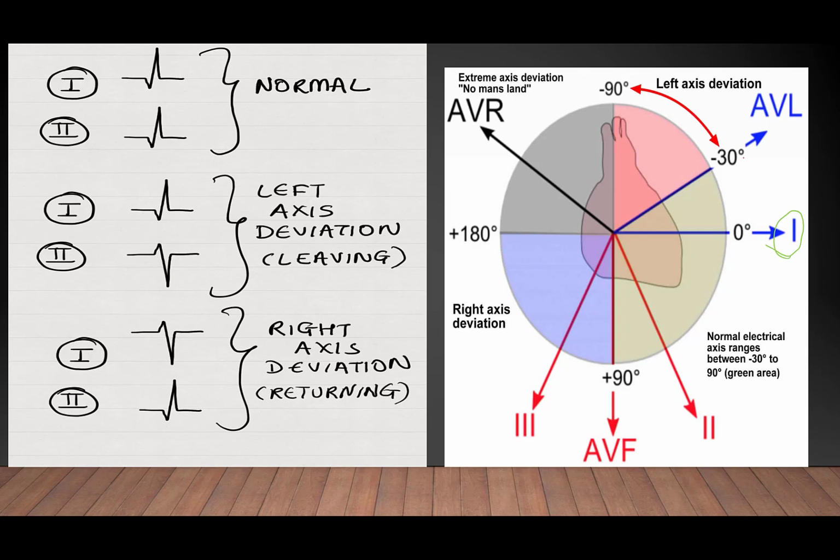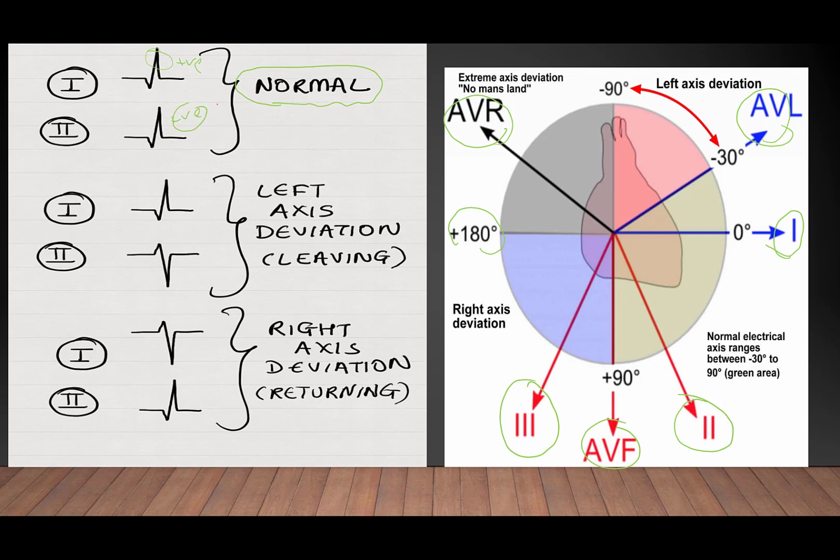Here we have lead 1 and AVL, AVR, also lead 3, AVF, and lead 2. As I mentioned, here we have a normal axis. We say it's normal when lead 1 is a positive deflection and lead 2 is also a positive deflection.